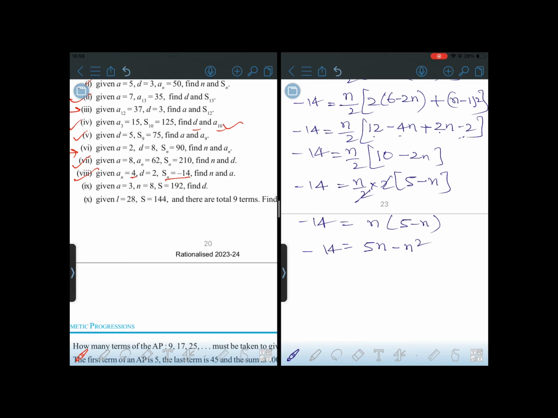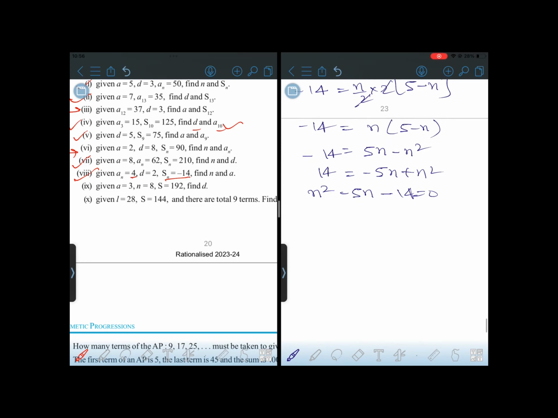If you multiply the whole equation by minus, it becomes 14 is equal to minus 5n plus n square, or we can say that n square minus 5n minus 14 is equal to 0. So we have again got a quadratic equation, and we have to solve this quadratic equation to find the value of n.